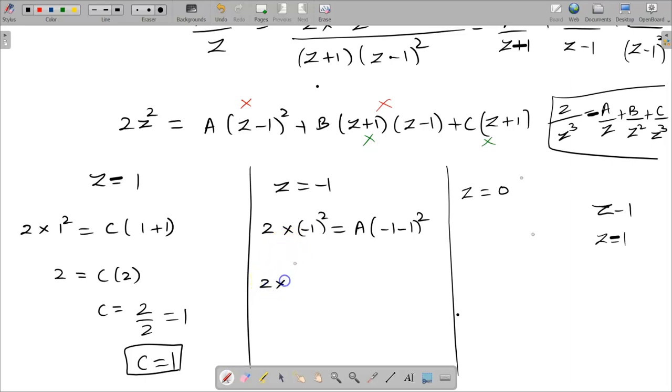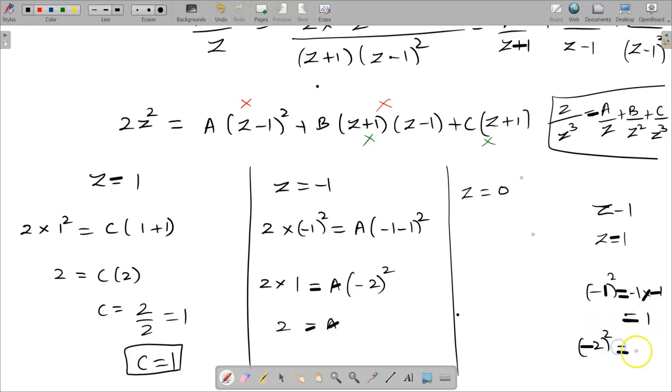So 2 into minus 1 the whole square. Minus 1 the whole square is minus 1 into minus 1. Minus into minus is plus, 1 into 1 is 1. So minus 1 the whole square is 1, which is equal to A into minus 1 minus 1, which is nothing but minus 2 the whole square. So 2 into 1 is 2. A is equal to, again the same thing, minus 2 the whole square means minus 2 into minus 2. Minus into minus is plus, 2 into 2 is 4.